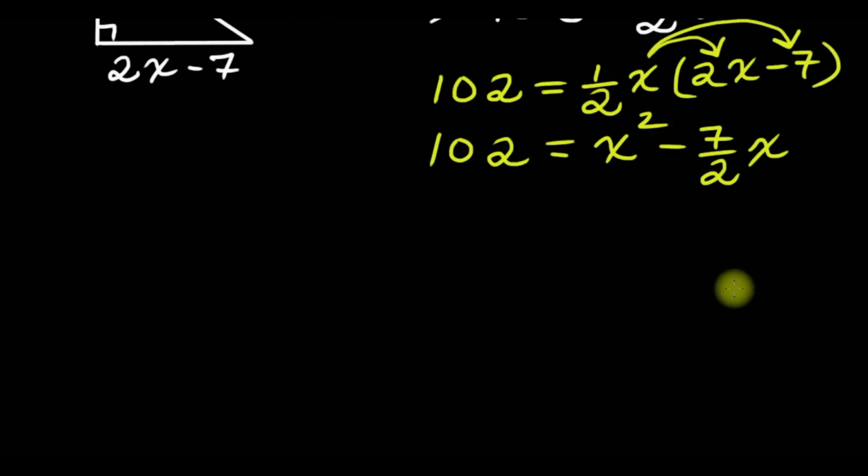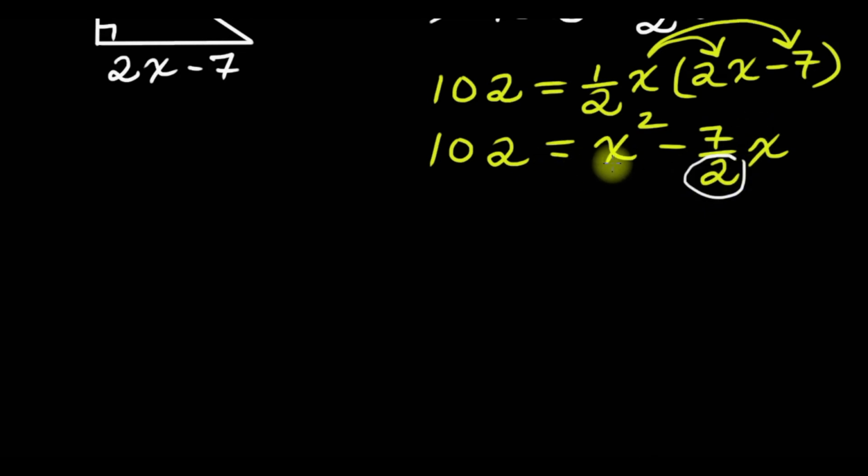What I have now is a quadratic equation because of the x squared. Here I also have a fraction, and I do not like to work with fractions, so I can get rid of the fraction by multiplying everything by 2. If I multiply this by 2, I'm going to be able to cancel the 2.